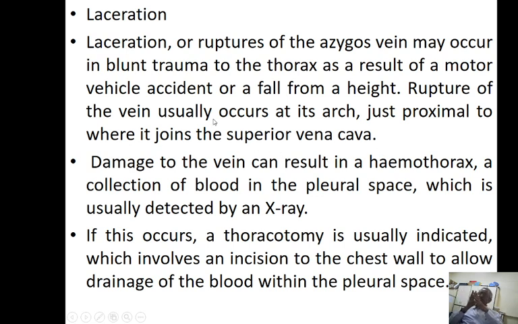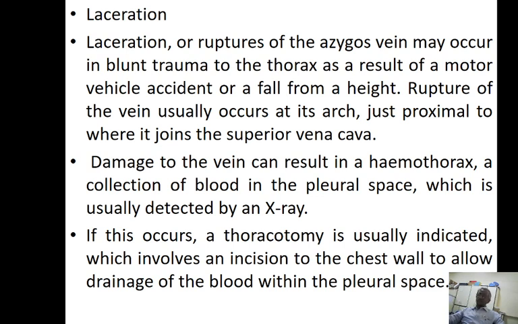So there is a chance of rupture or laceration of the azygos vein when blunt trauma occurs to the thorax as a result of a motor vehicle accident or a fall from a height. In such cases, rupture usually occurs at its arch.